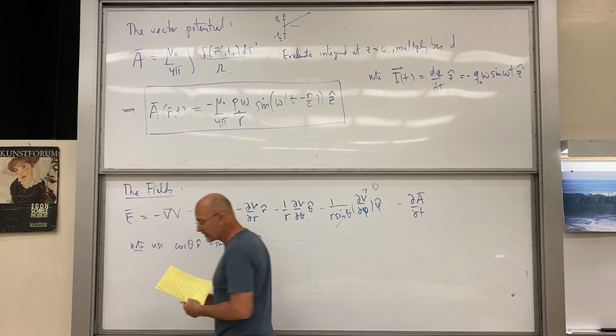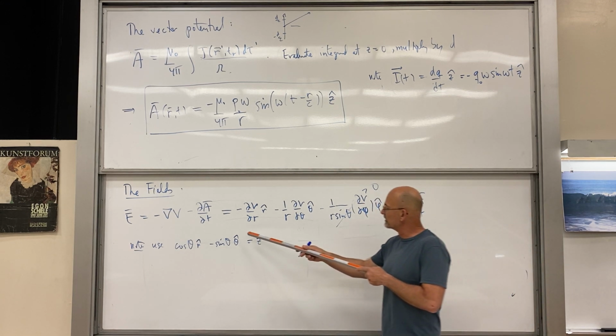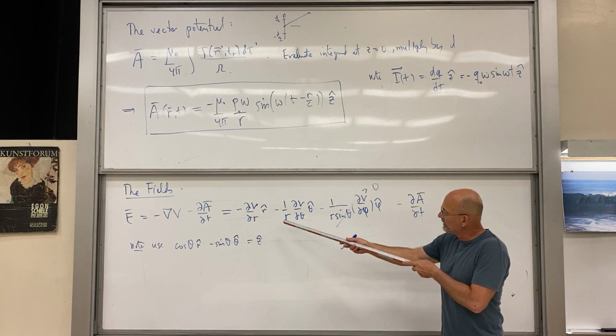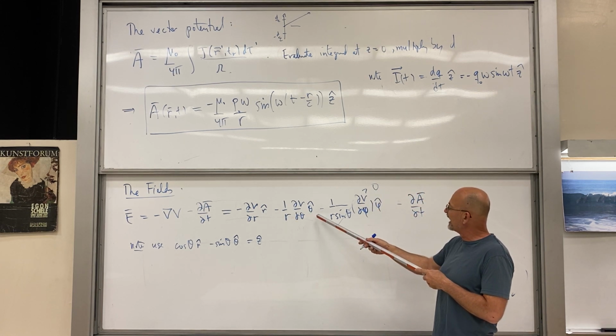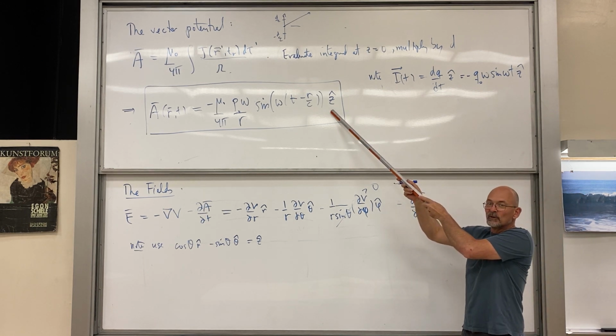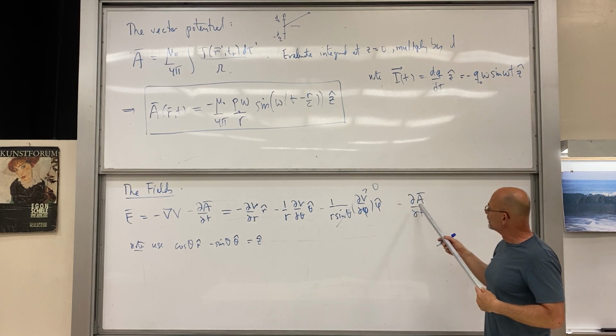Okay, so we make use of this identity, which is one that isn't necessarily right there in our memory, but when you're doing these derivatives, you're doing it in terms of r hat and theta hat. When you're doing the dA dt, it was your z hat, but you're going to get a really nice cancellation when you do these derivatives.